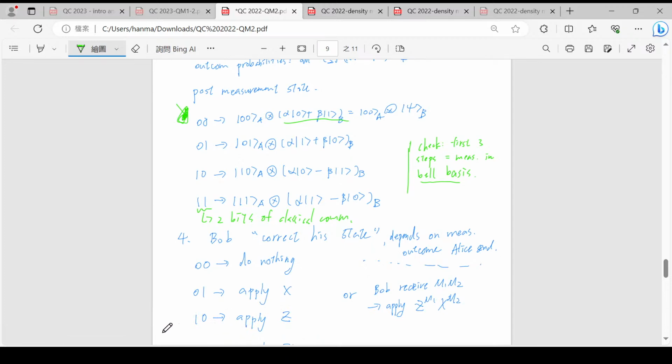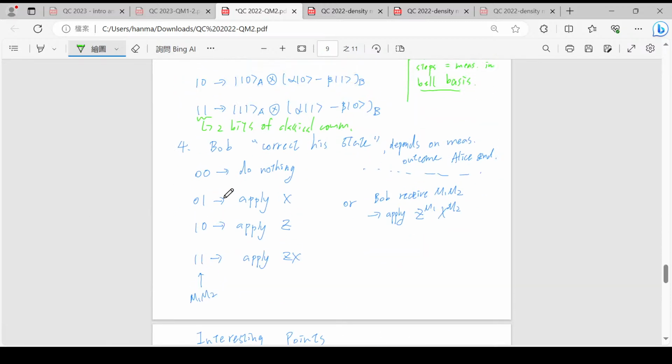Similarly, if Bob received 1, 0, then he got alpha 0 minus beta 1 here. If he applies the Z gate, the 0 doesn't change anything, but the 1 will get a minus sign that cancels this minus sign. So once again, he can correct this alpha 0 minus beta 1 back to alpha 0 plus beta 1.